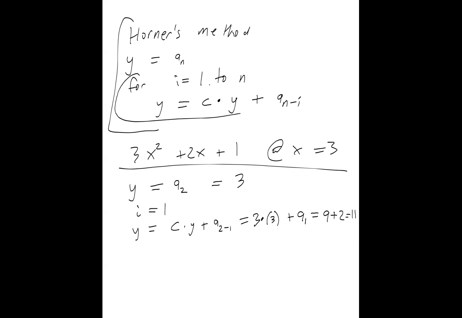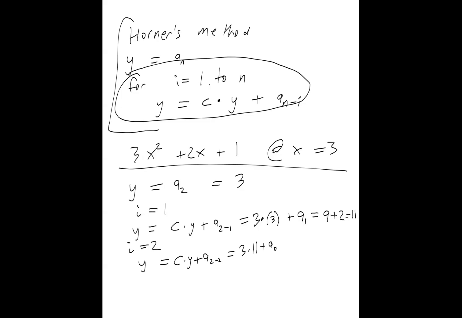Then we're going to go through the loop again. This loop is going to be repeated for the value of 2, because the loop runs for i equals 1 through n, which is 1 through 2. Then the line of code inside the loop runs, which is y equals c times y plus a of 2 minus 2, which is c, which is 3, times y, which is 11, plus a0.